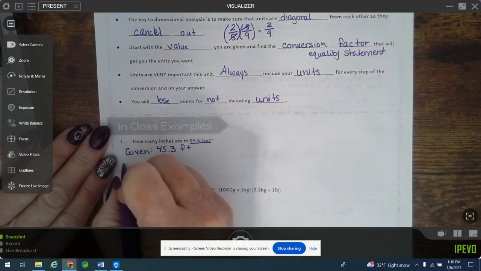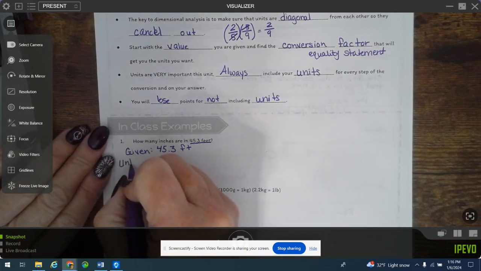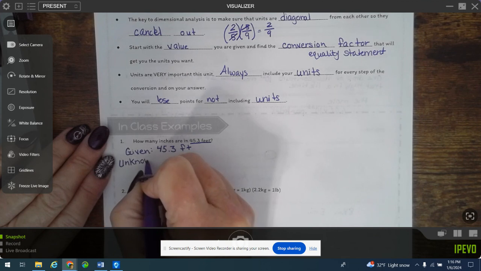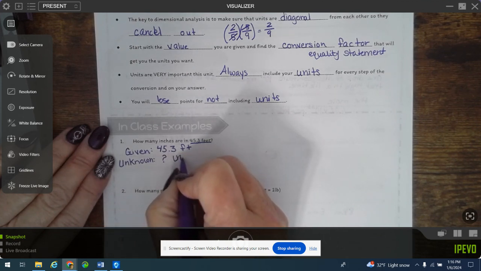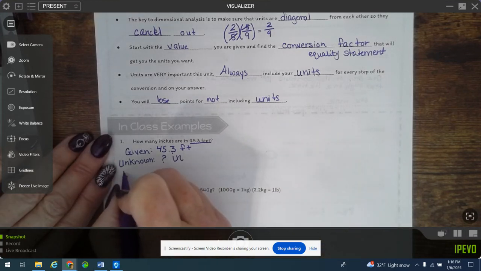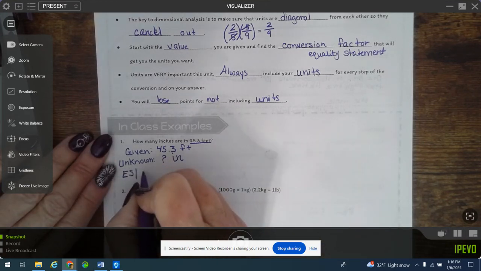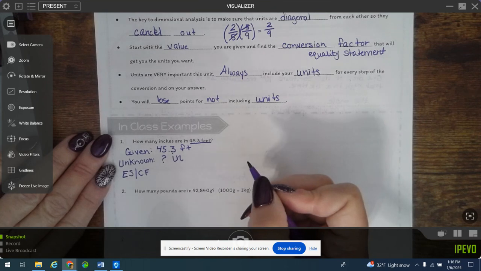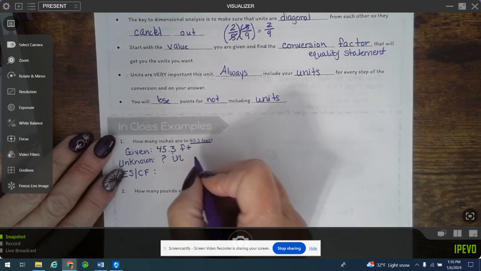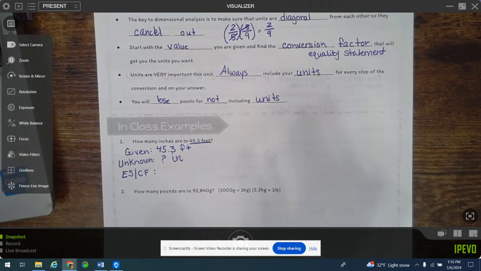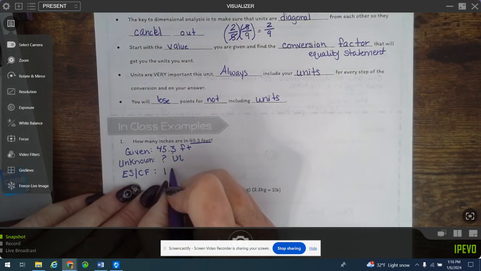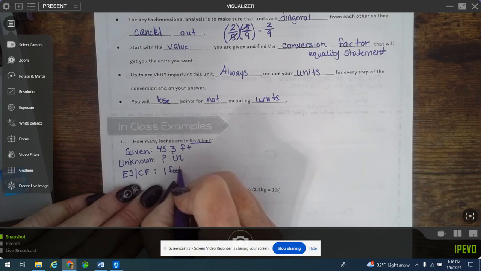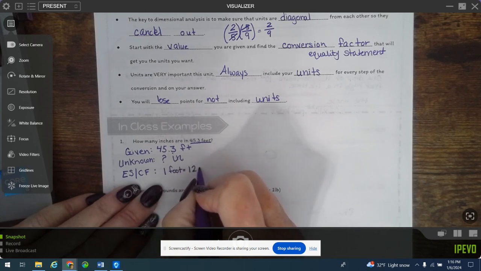Our unknown, or what we're looking for, is inches. Then our equality statement or conversion factor: we need to have inches and feet. So what do we know about inches and feet? I know that 1 foot is equal to 12 inches.